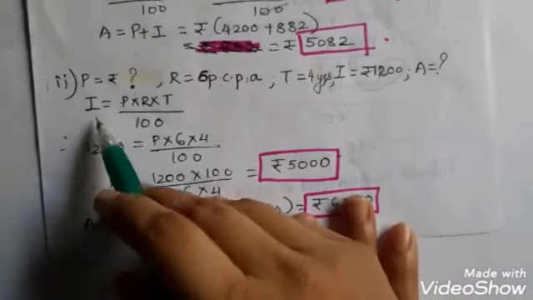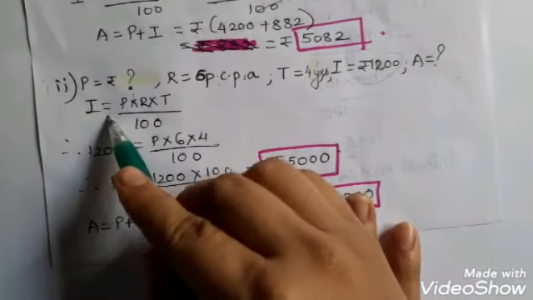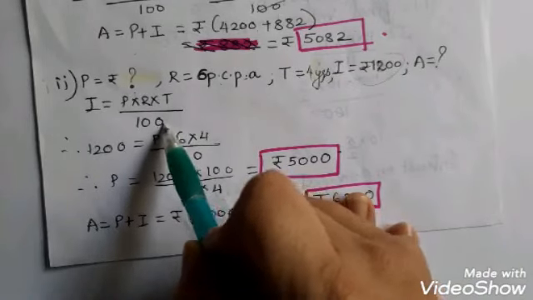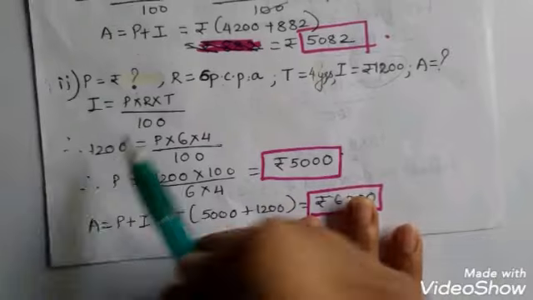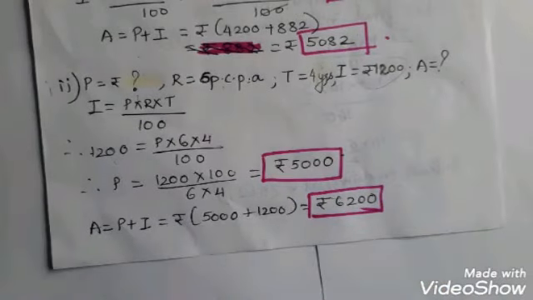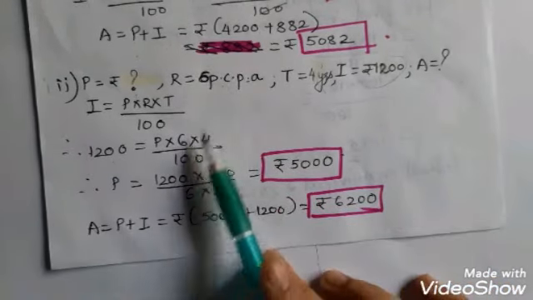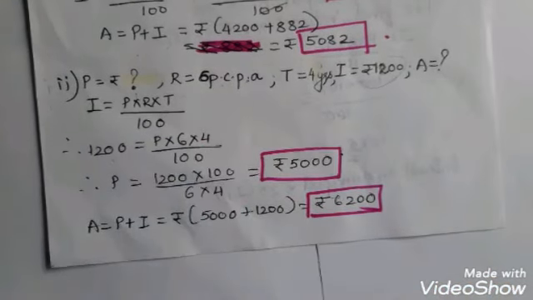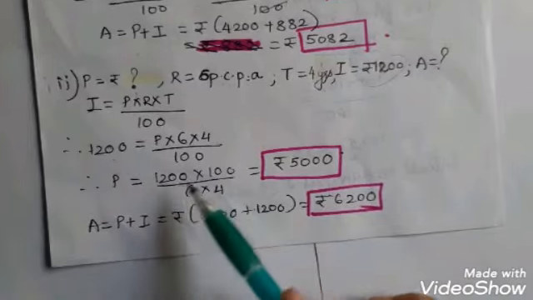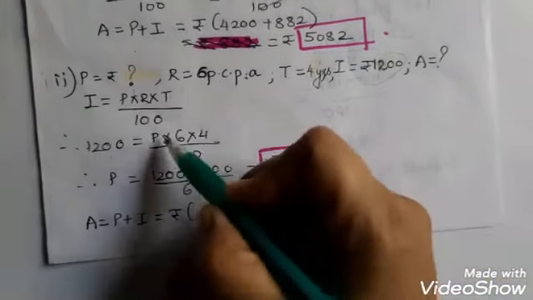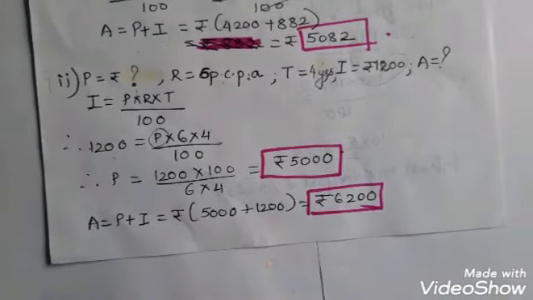Okay, so here we will write the formula I is equals to P into R into T upon 100, where I is 1,200, which is equals to P multiplied by R is 6 multiplied by T, which is equals to 4 upon 100. Now keep this P on one side only.